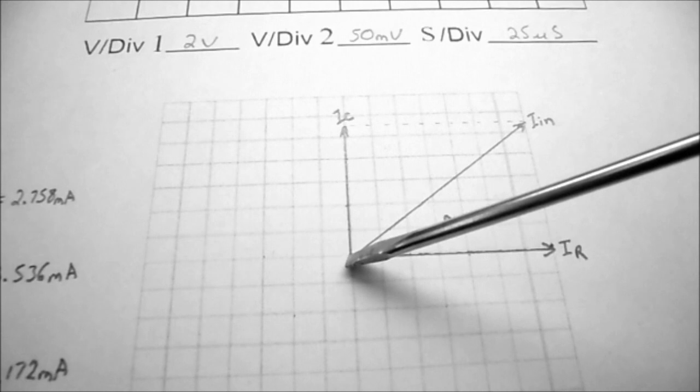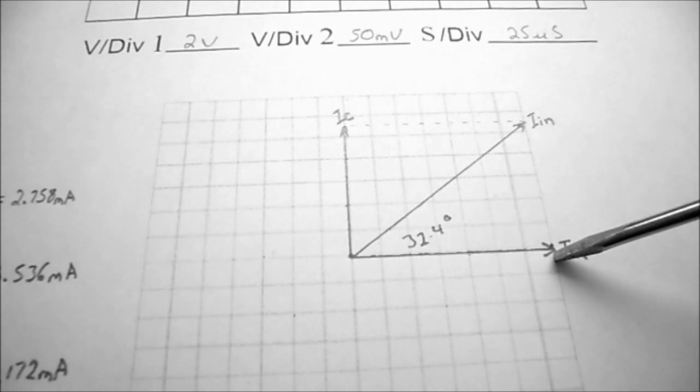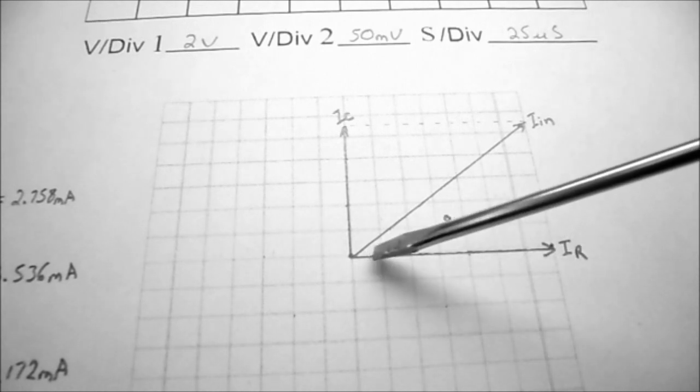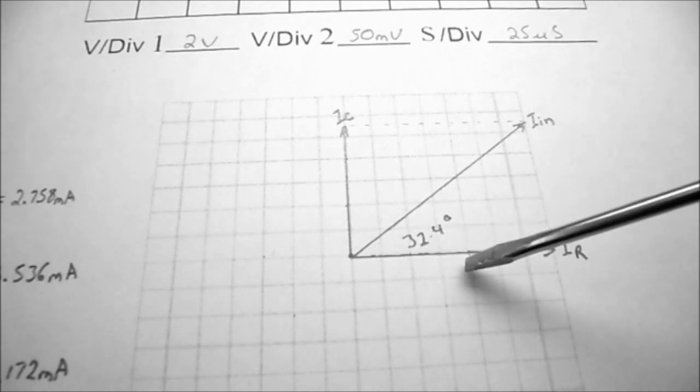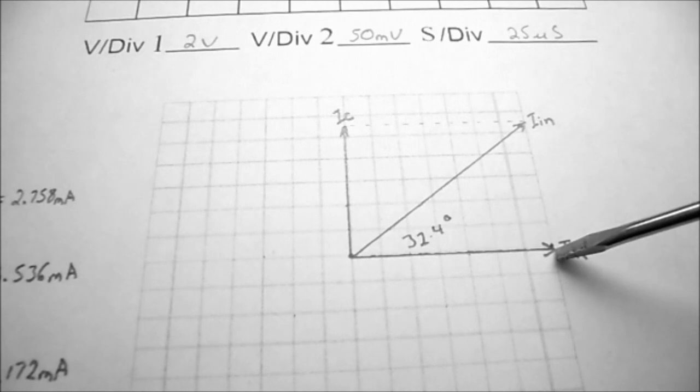I chose a point midway, which kind of left IR almost dangling off the edge. So IR was 3.5 milliamps, so I went half 1, half 2, half 3, 3.5, got me to the end.